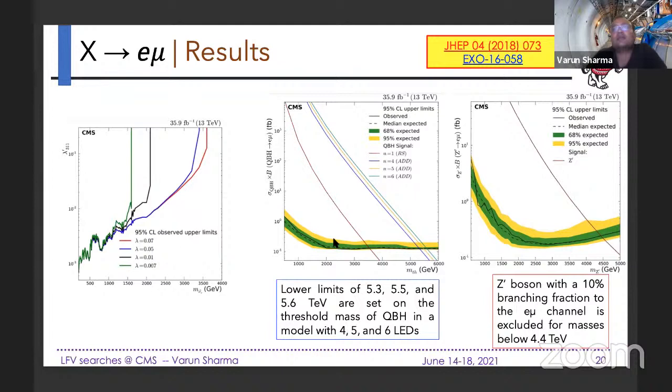And on the right-hand side, the limits are set on the branching fraction of the quantum black holes as a function of the mass of the particle, and you can see we exclude different mass limits for different large extra dimensions, like 5.3 TeV for 4 large extra dimensions. The right-hand side shows the limits on the cross-section times branching fraction as a function of the Z prime mass.